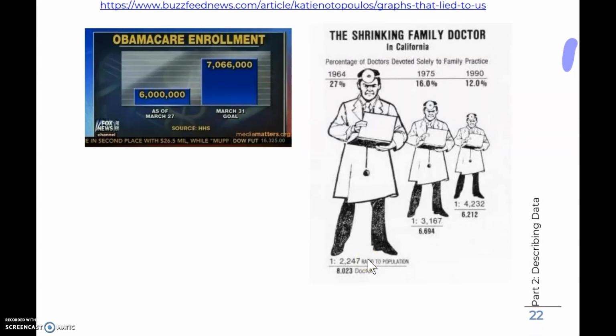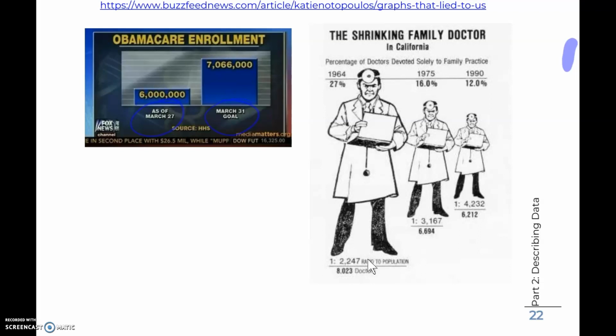And so the difference is when you first look at this, you're going to say, oh, our goal for March 31st was 7 million or over 7 million. As of March 27th, which is just 4 days earlier, we only have 6 million over here. And when we look at that graph at first glance, it seems like we have less than half of what we need, but when we're comparing the numbers a little closer, we'll see that no, we're actually only 1 million away, which is 1/6.